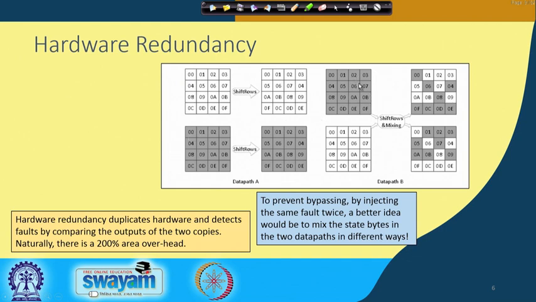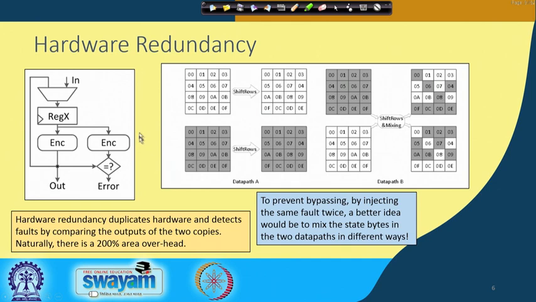But here it becomes more difficult because of this mixing. So it is more difficult for the attacker to control his fault injection to bypass such a strategy. Therefore, this is an interesting possible countermeasure, but it also requires a significant amount of overhead in terms of resources. So this is a depiction of how the hardware redundancy looks like.